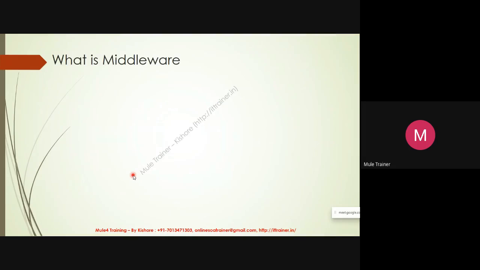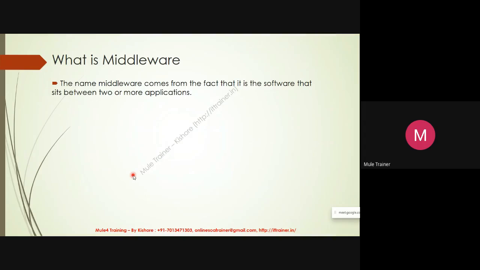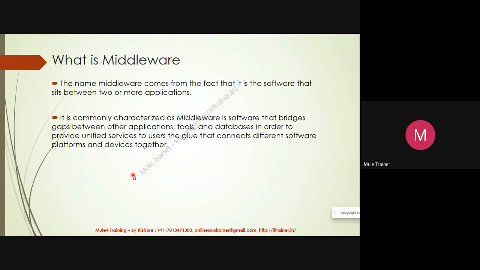Then we'll try to understand middleware in technical terms. The name middleware comes from the fact that it is the software that sits between two or more applications. We have already seen the middleware is something which sits between two or more applications.